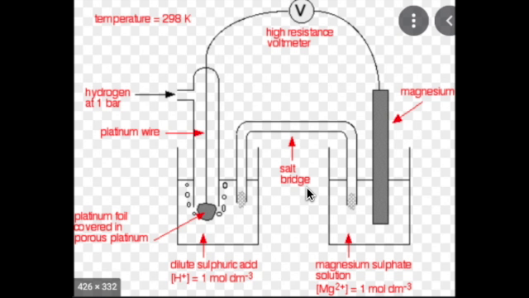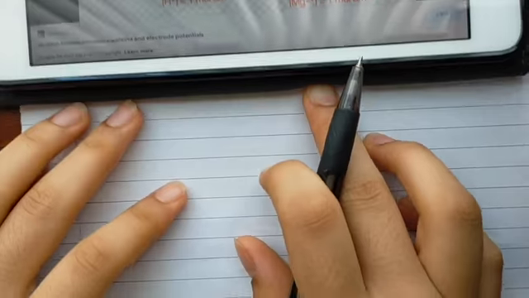The reason we use two different beakers is that we require different solutions depending on what metal we are looking at. The salt bridge connects the two and forms one whole circuit, so the electrons can travel through it. This is very important because we are using a high resistance voltmeter. Let's draw this out here.